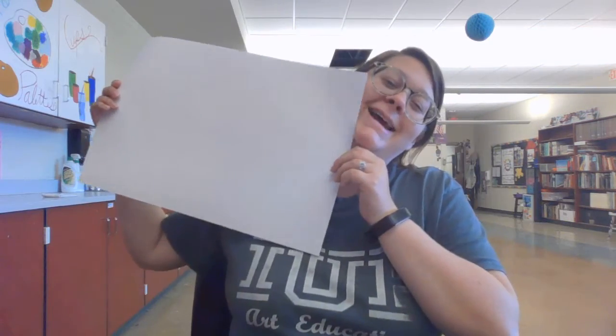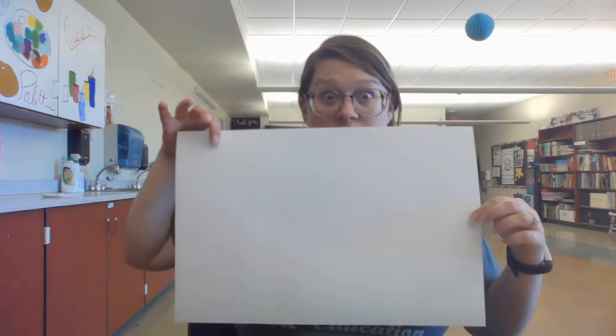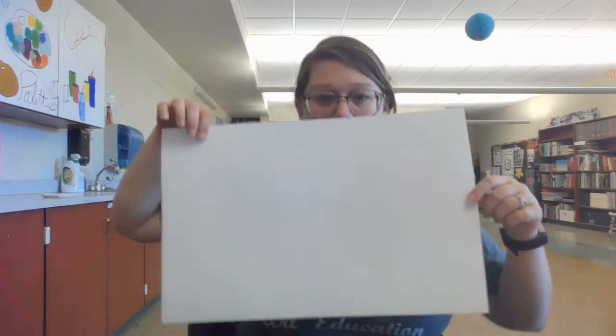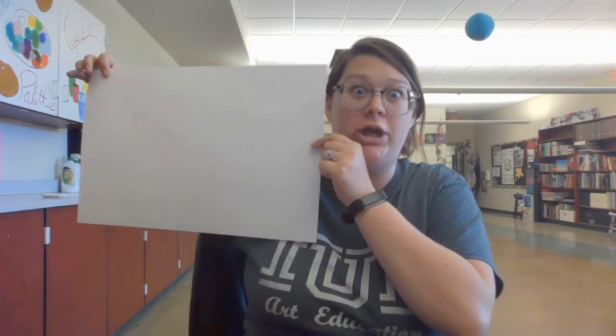One second, I actually need to get my paper. Got it. Okay, so you're going to be using this big paper again, like you did for your torn paper collages. So you are going to make a giant candy bar, or it doesn't have to be a candy bar. It can be like Twizzlers or something.